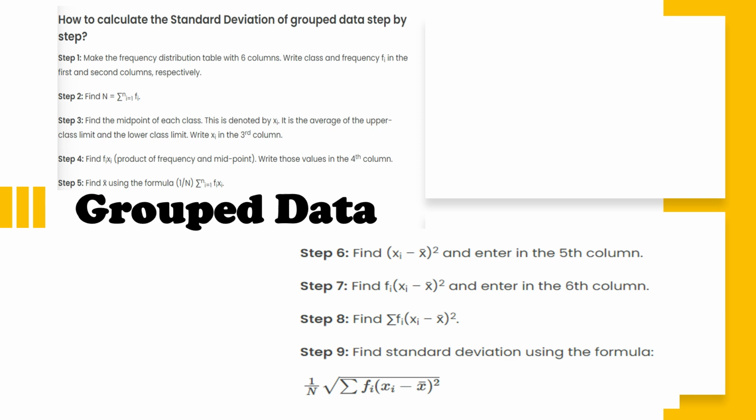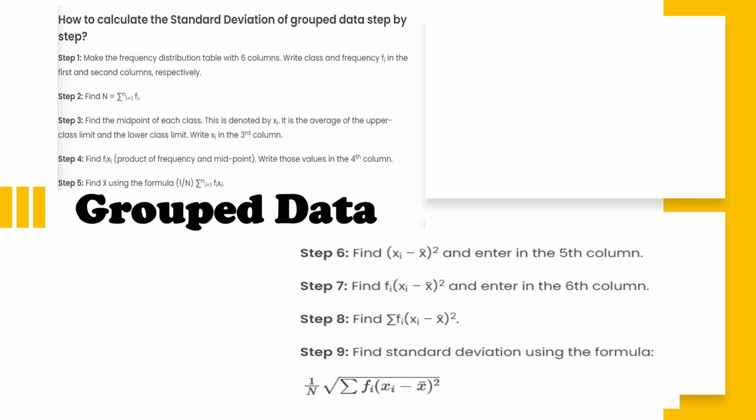Now, step 6, find xi minus the mean, or the sample minus the mean, squared, and enter it in the fifth column. Step 7, find xi minus x, or the sample minus the mean, squared, times the frequency, and enter it in the sixth column.